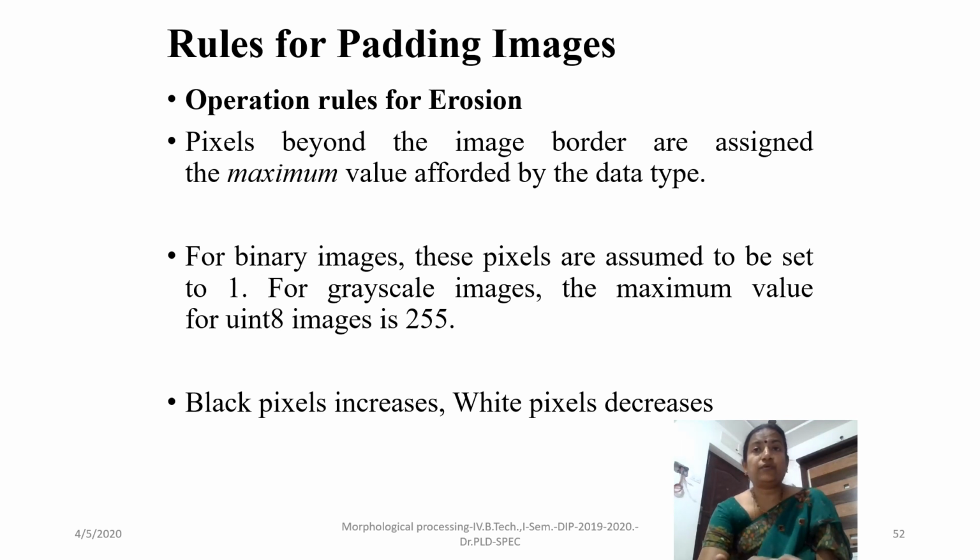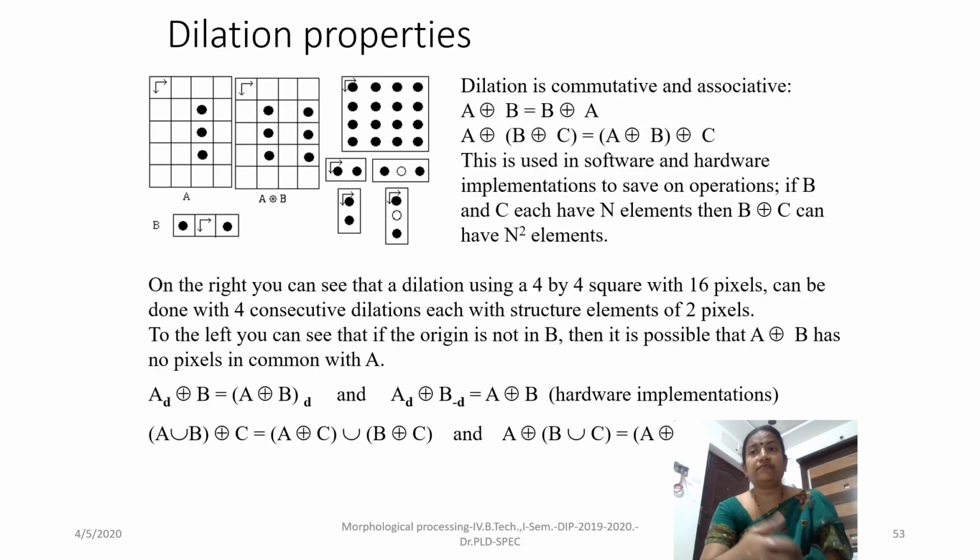Pixels beyond the image border are assigned the maximum value offered by the data type. The maximum value in the case of a binary image is 1, and for a grayscale image it is 255. Black pixels increase and white pixels decrease in the case of the erosion operation, because it is the reverse operation of dilation.